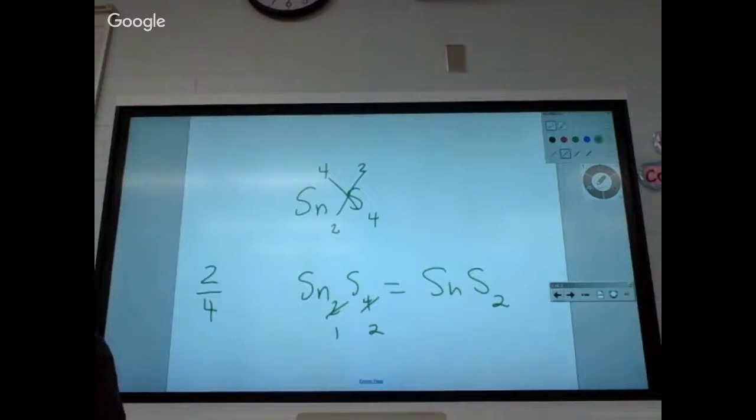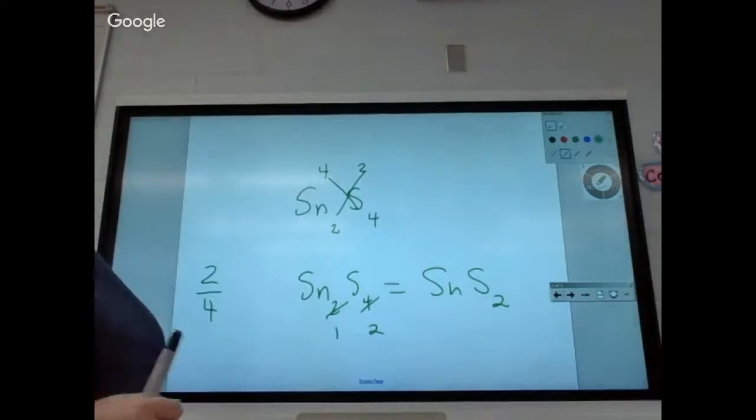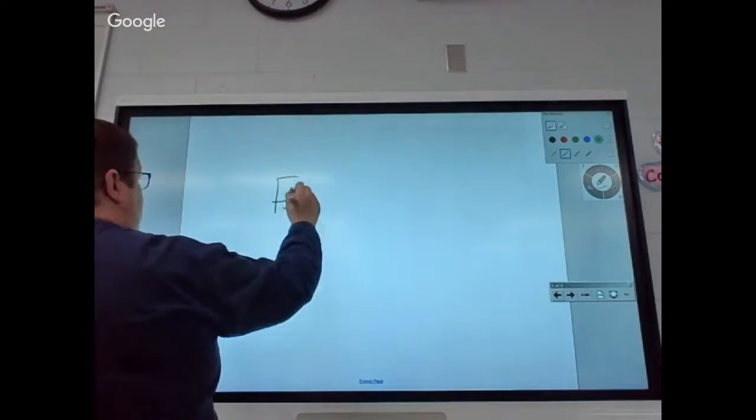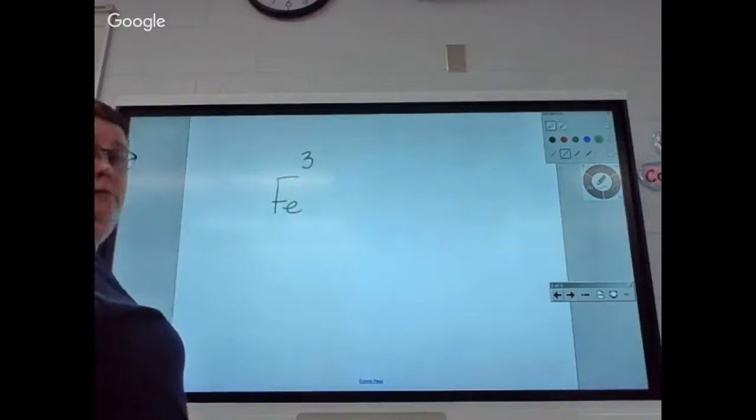On 35. As long as you tell me what it says. It's iron 3. Iron is Fe. It has a 3. All right. OH has a 1. You have to have parentheses because it's what? Why does it got to have parentheses?